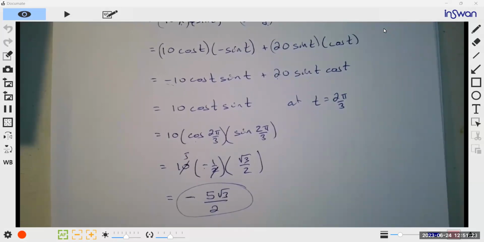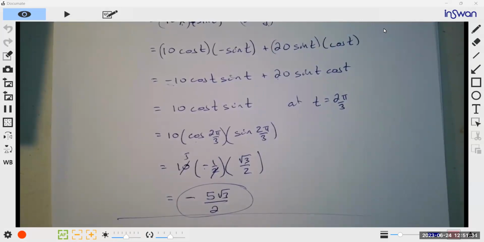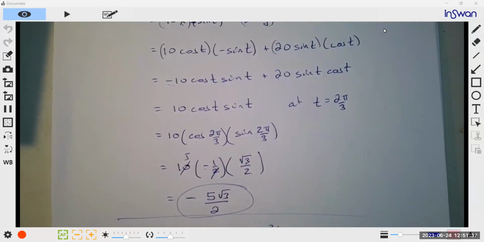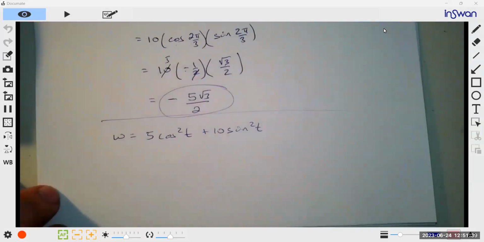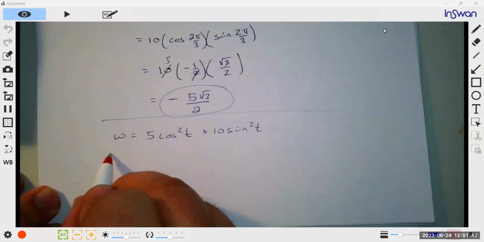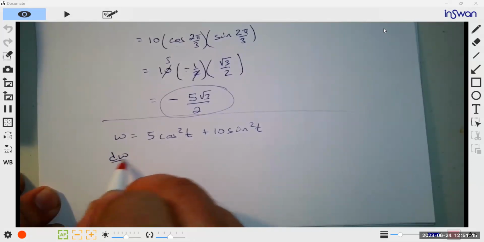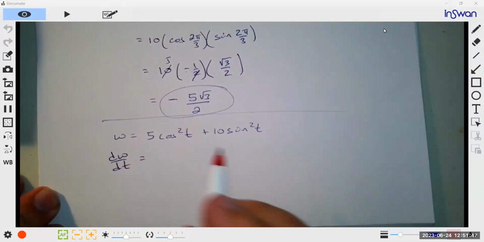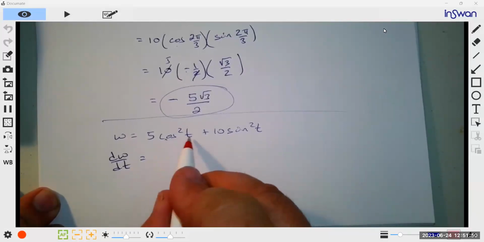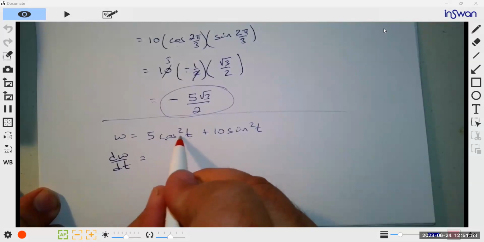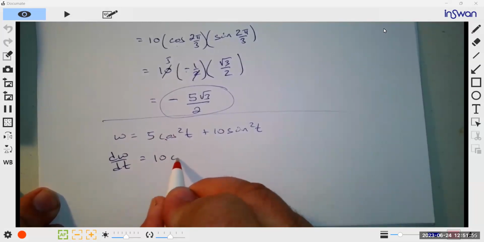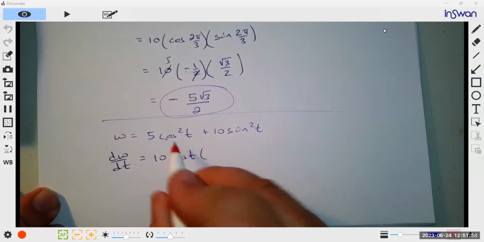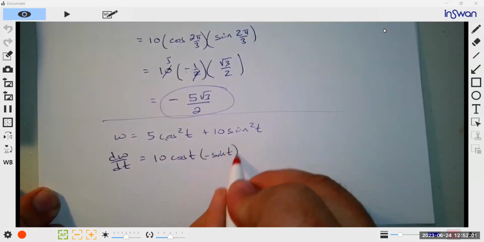That's the first method. Now the second method: x is cosine, so it's 5 cosine squared t plus 10 sine squared t. Let's do it directly. 5 is a constant; the derivative of this, bring the 2 down, so it's 10 cosine t times the derivative of cosine, which is negative sine t.